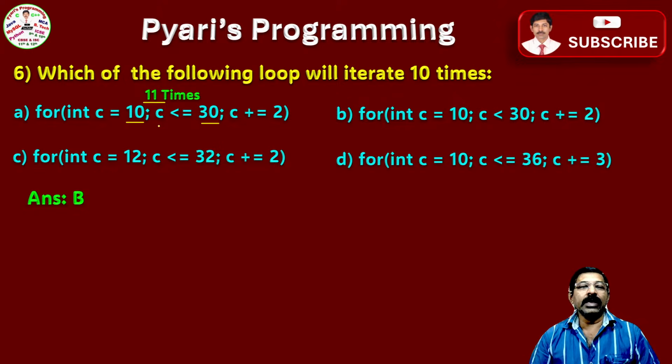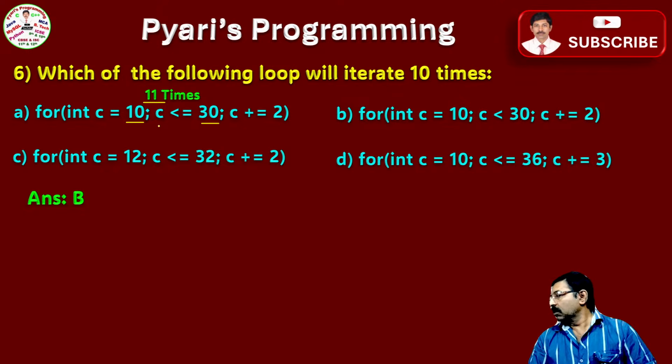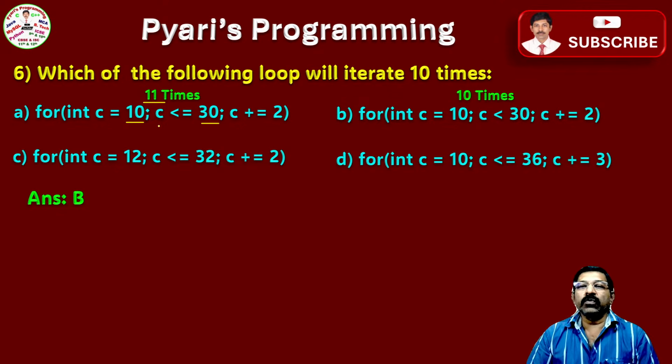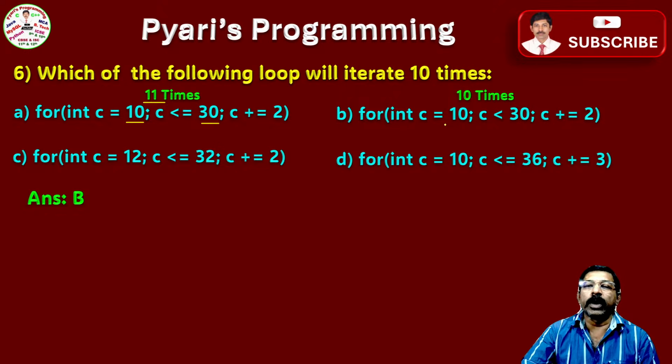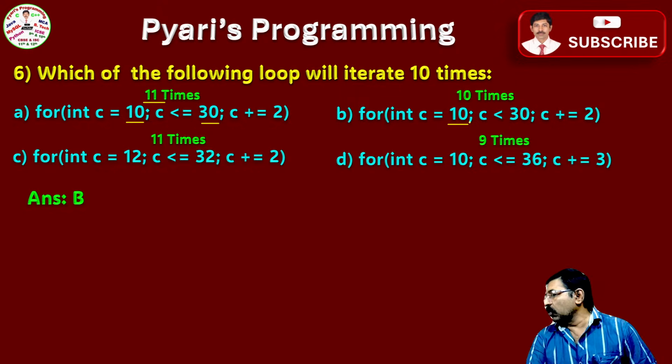Then 30. 30 less than or equal to 30 is also true. Hence it is 11 times. And in this one it is 10 times because 30 is not included but 10 is included. It is equivalent to starting from 0 to 10. And here it is 11 times because 32 itself is included. And here it is 9 times. Hope everybody has understood.